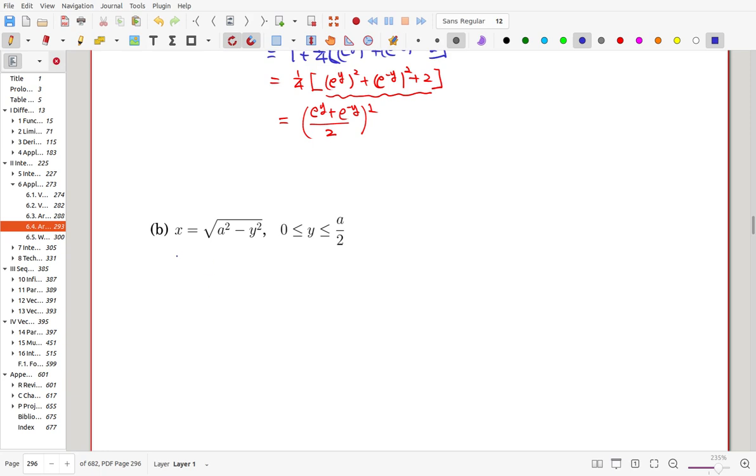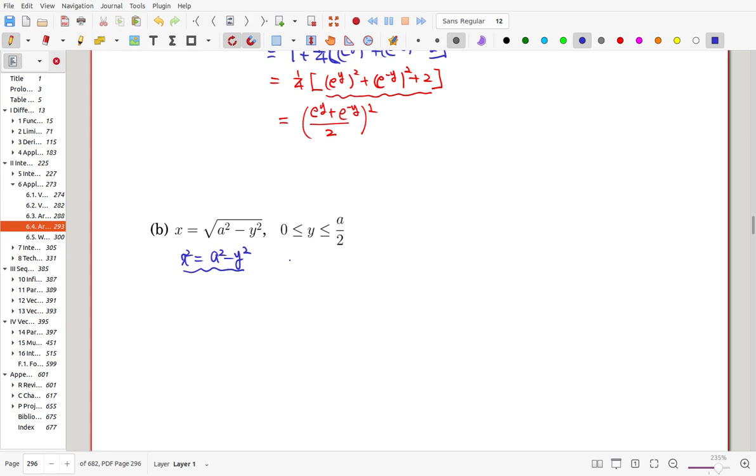Here, if you square both sides, then x squared will be the same as a squared minus y squared. So that is the equation for a circle of radius a, and then x is only positive one and y is moving over there.